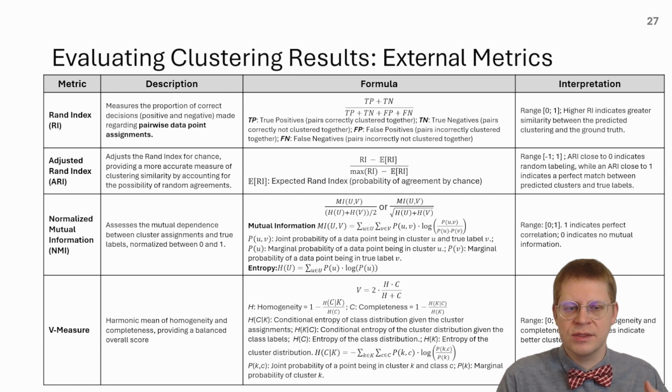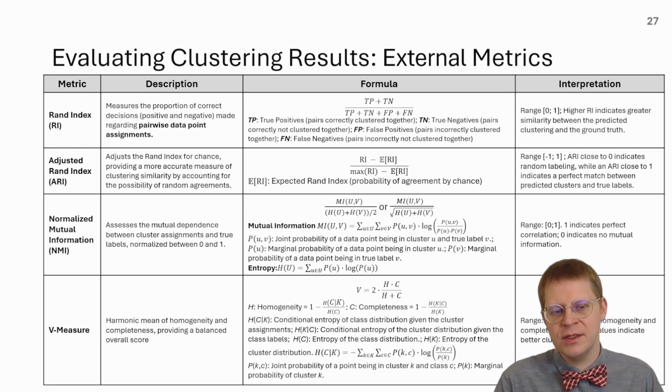Another metric is normalized mutual information, the mutual dependence between cluster assignments and true labels, normalized to fall between 0 and 1. A value of 1 indicates perfect correlation, while 0 indicates no correlation.